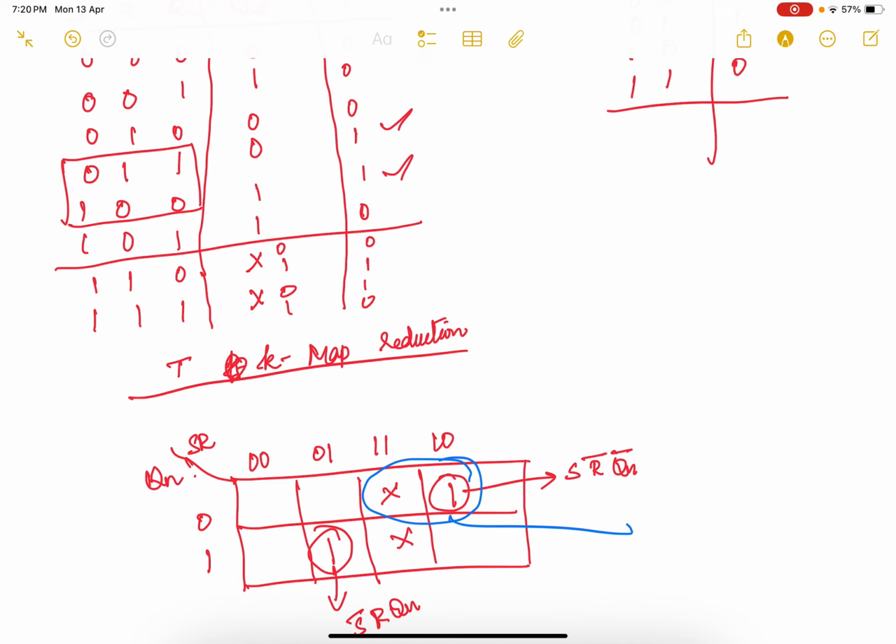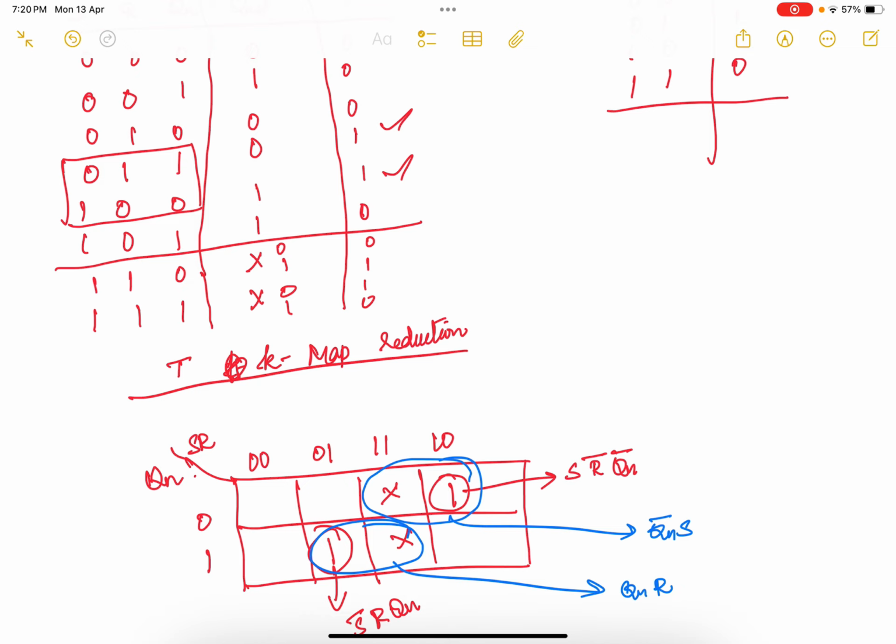If you group like this, this will be something like Qn' S, and this will be something like Qn R, since we are having a combination for the next set like this.